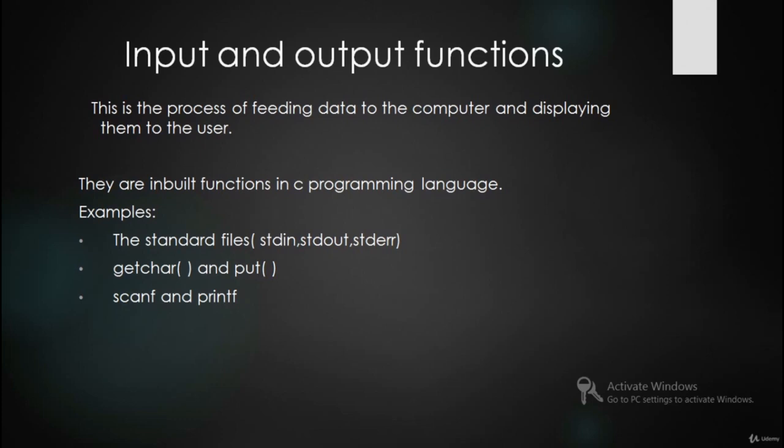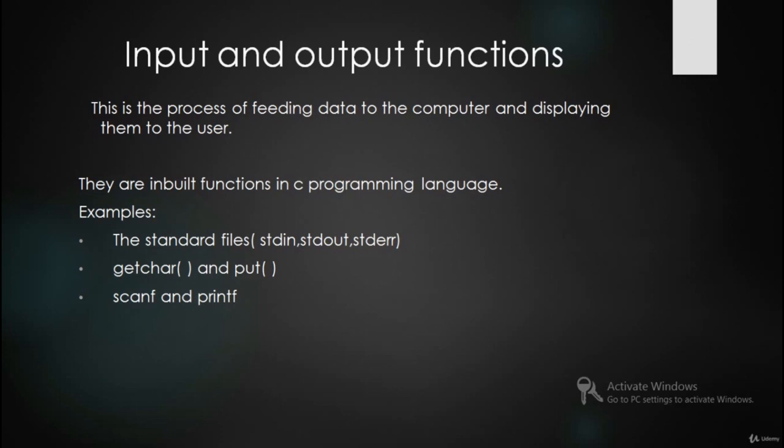Standard input is accessed by stdin, which is done by inputting using the keyboard. We also have standard output accessed by stdout, which displays the data on the screen. And then we have standard error with stderr, which also displays the error on the screen.